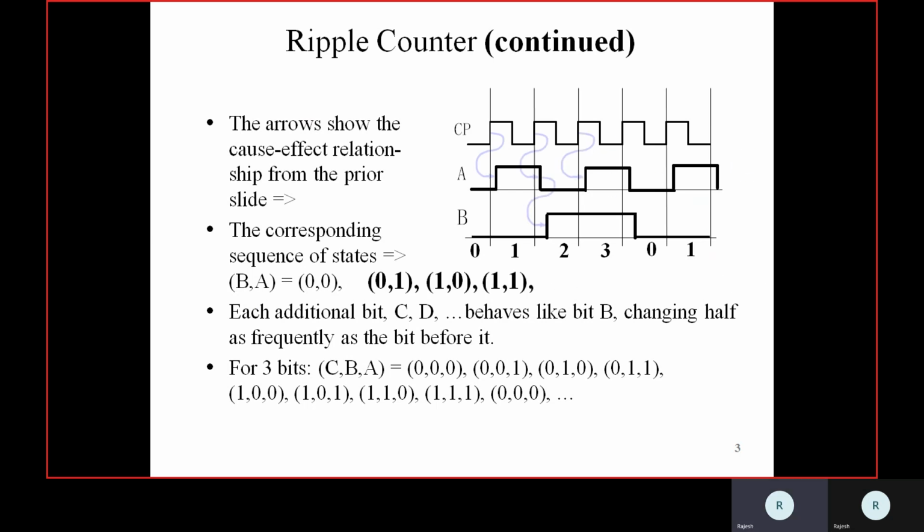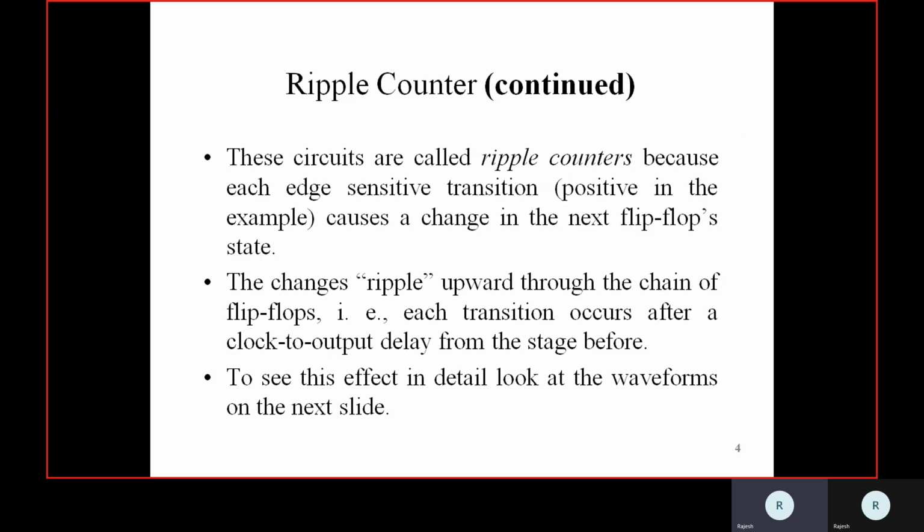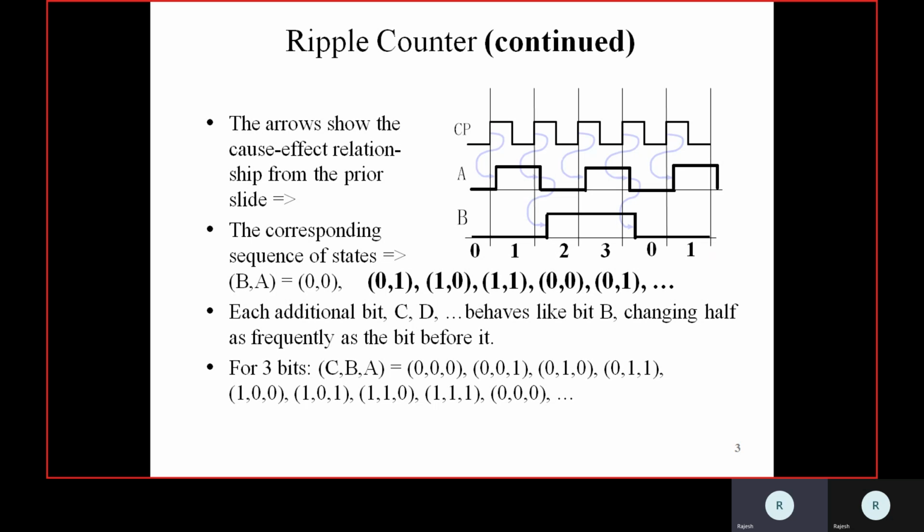For a 2-bit counter, the transitions are 00, 01, 10, 11. Again it will reset to 00, 01. In the diagram, you can see the blue lines showing the state transitions. The first CP 0 to 1 transition changes the A value, but for changing the B value you require the complement of A. Sorry, A going from 1 to 0 means A bar goes from 0 to 1.